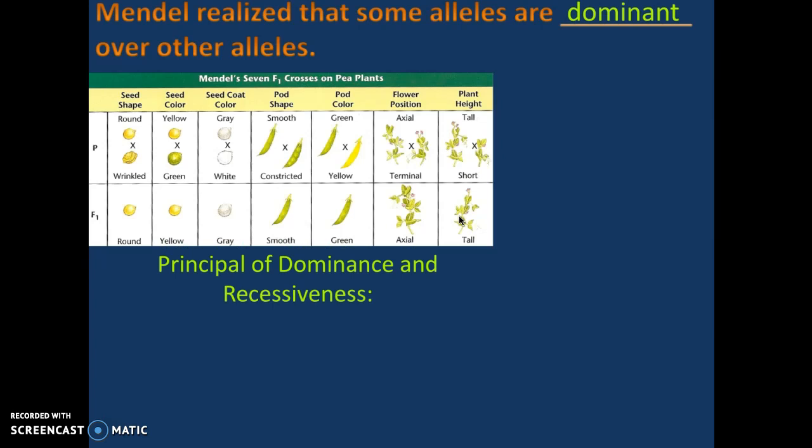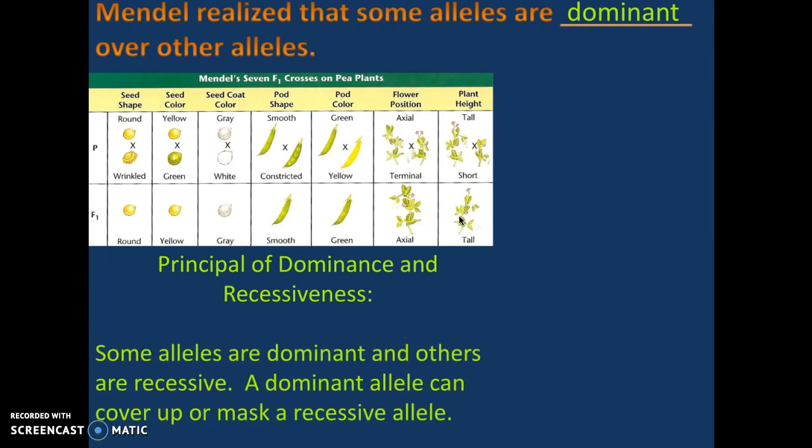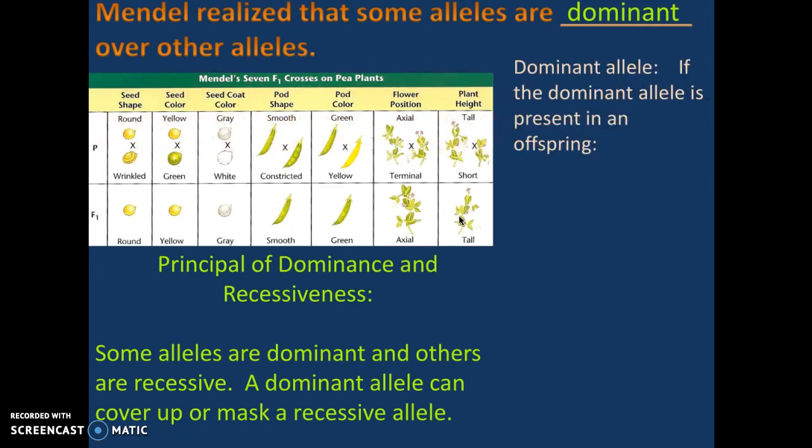And that leads us to the principle of dominance and recessiveness. The principle of dominance and recessiveness says some alleles are dominant to others, and others are recessive. The dominant allele covers up or masks that recessive allele. If the dominant allele is present in an offspring, then that's always going to show up.